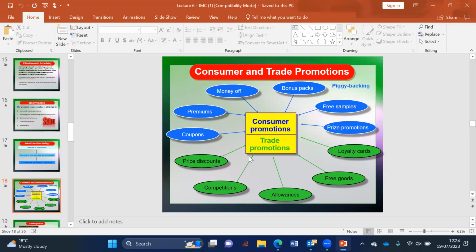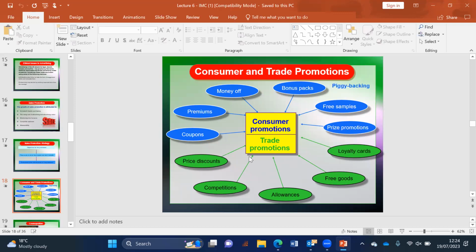And with trade, that means your distributors, your wholesalers, your retailers, maybe you give them a price discount. Maybe you have a competition among your wholesalers or your distributors. Whoever wins, you give them something. And then there's an allowance. That means you give them a certain amount of money and you ask them to spend it on how your product looks on their shelf.